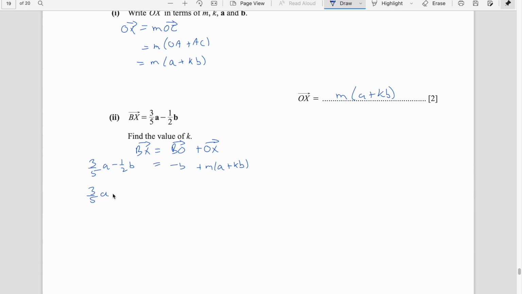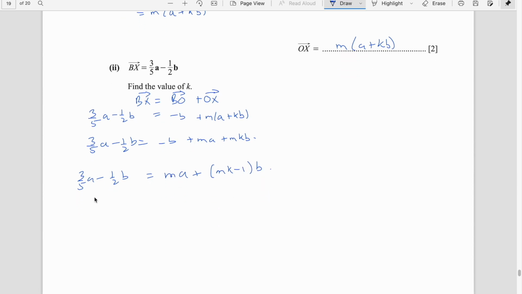This is 3/5 A minus 1/2 of B. On the other side, minus B plus MA plus MKB. Now we can get these together, B's on one side and A on the other side. So this is already MA, and we can take out B as common. So I'm left with MK minus 1 and B.